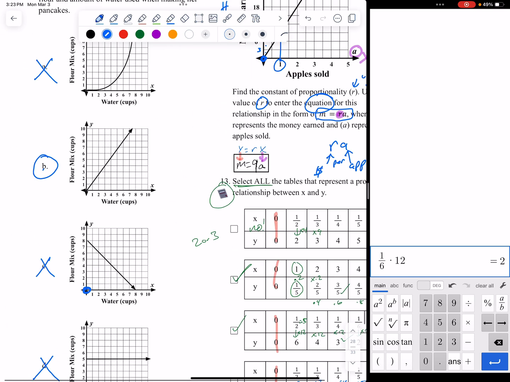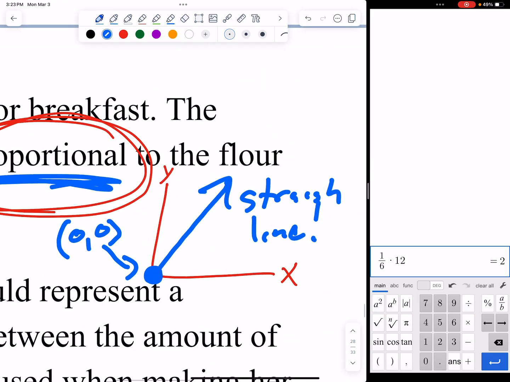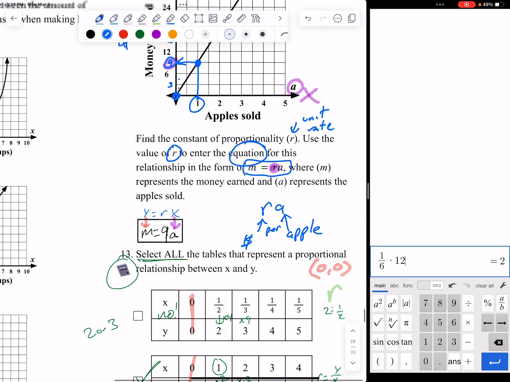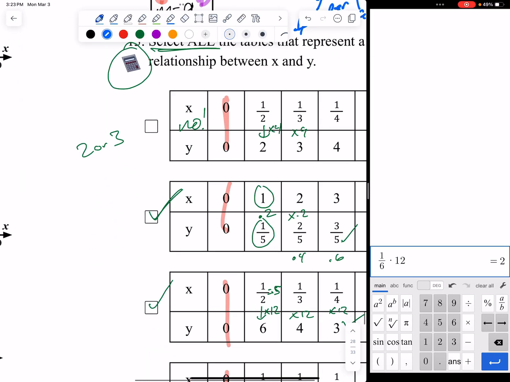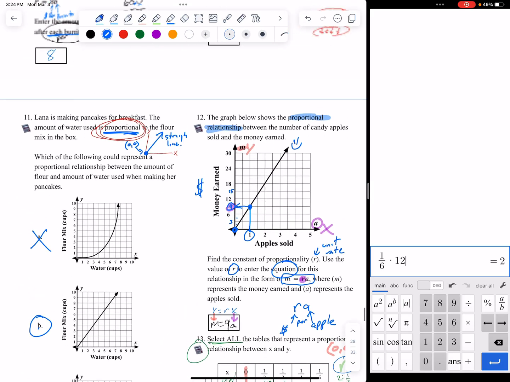So as a quick recap today, graphs. What do we know about graphs? To be proportional, you start at 0, 0, and they're straight lines, okay? Same thing with your tables. You start at 0, 0, and in order for it to be a straight line, your R has to be the same, okay? So a lot of this stuff you're going to see.